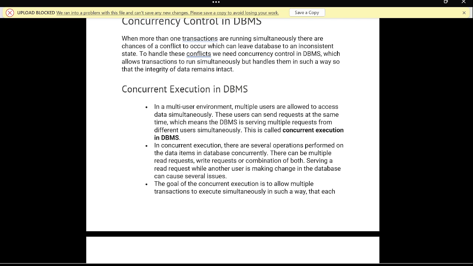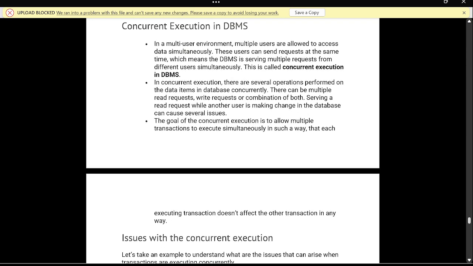Now we have transaction 1 and transaction 2. Transaction 1 wants to read the data and write the data, and at the same time transaction 2 appears, and he also wants to read the data and write the data. That leads to several issues. So that is also one type. And so what is the goal?